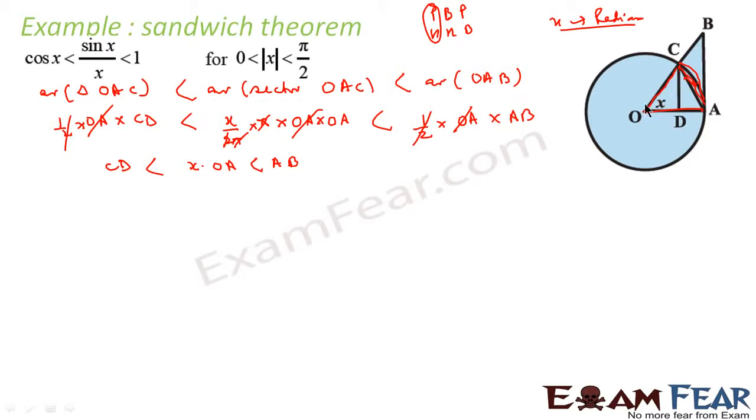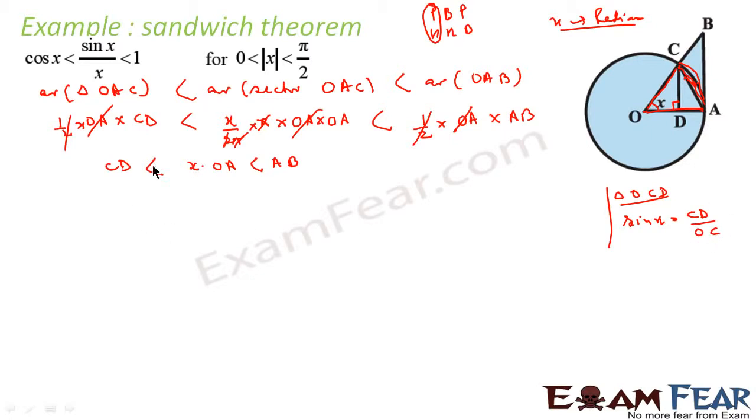In triangle OCD, we can say that sin x is nothing but P by H, because this is the angle x, this is 90 degree, P is CD and H is OC, correct?